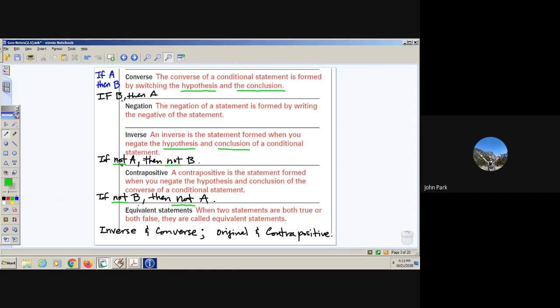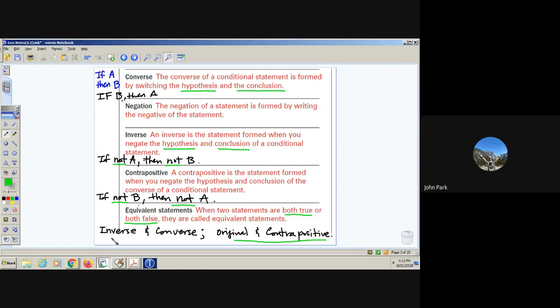Depending on how you write those four statements, we get what are called equivalent statements, which means they're either both true or both false. The two equivalent statements are usually paired up like this. The original conditional statement and the contrapositive will be both true or both false.